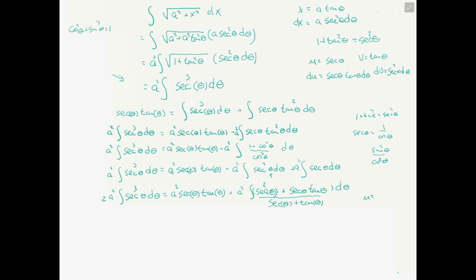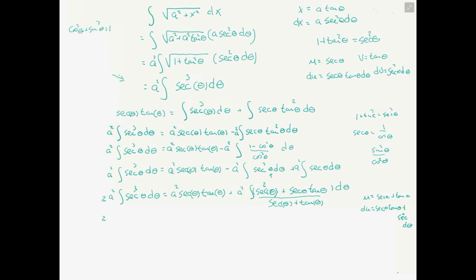And now we have u equals secant theta plus tangent theta, and du equals secant theta tan theta plus secant squared theta d theta.